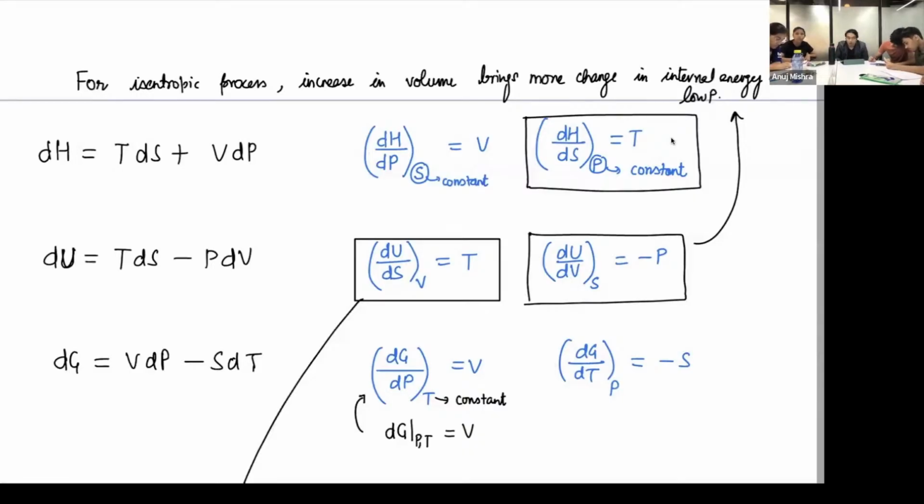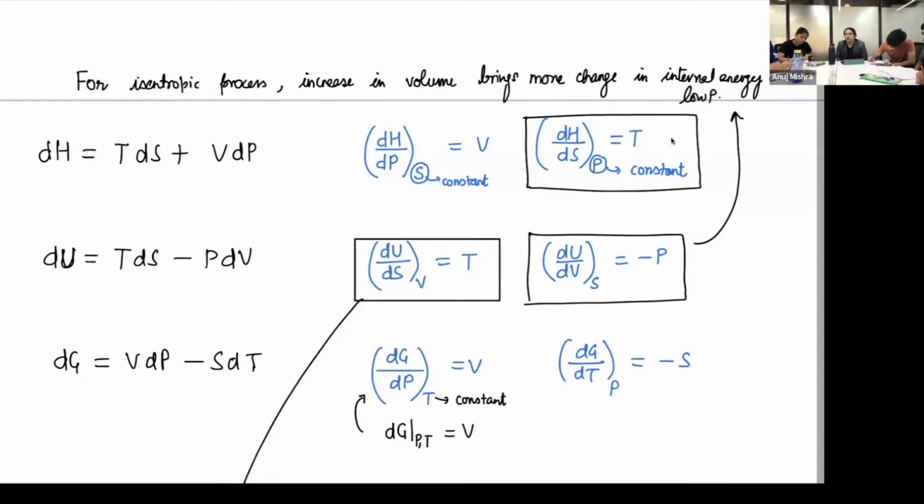So isentropic means entropy is same. Delta S is 0, it's a different thing. उधर भी dq 0 होता है, delta q 0 होता है, मैं delta S 0 बोल रहा हूँ. Delta S 0 होने के और भी तरीके हो सकते हैं. In some book it was written that isentropic and adiabatic are the same.